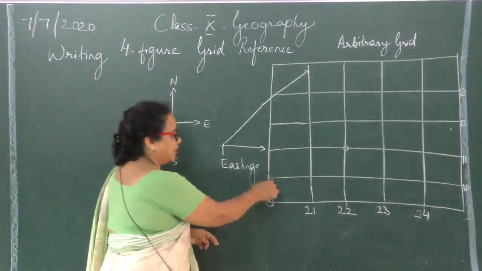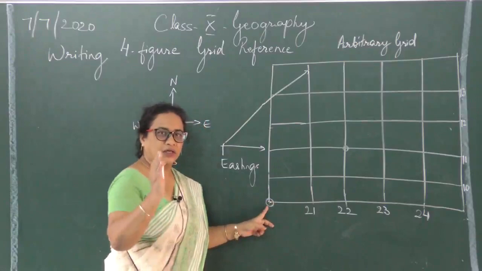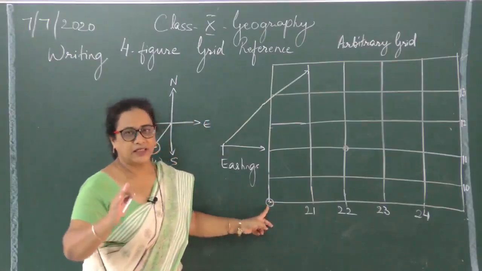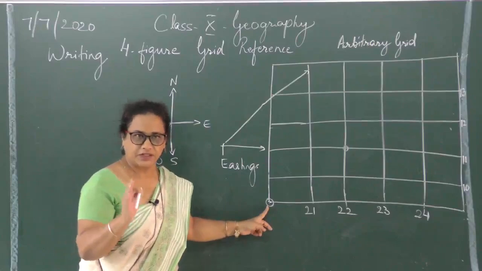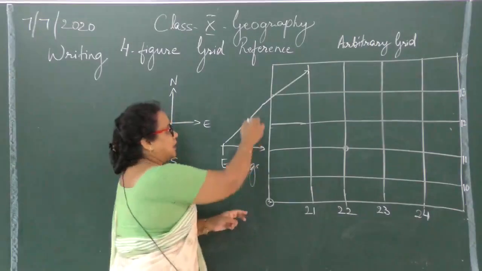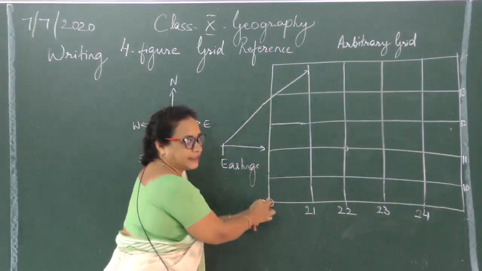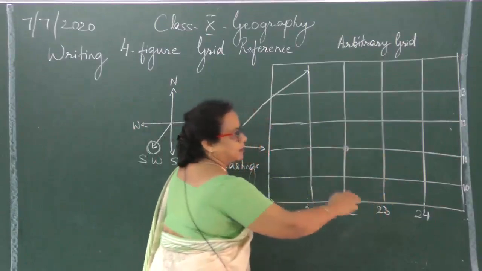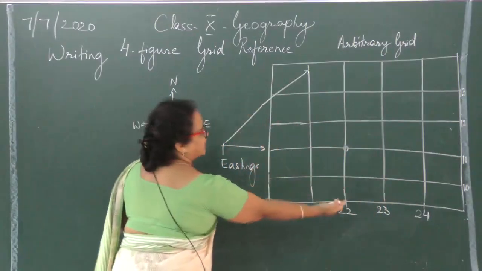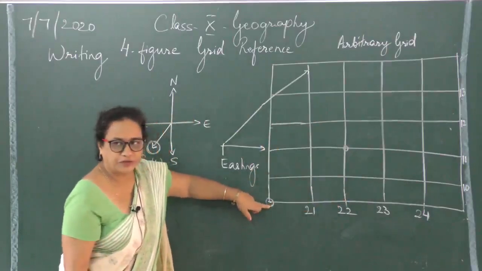Now, leaving the starting line, the starting coordinate, you all study or do practical work with the x-axis and y-axis in mathematics, in physics also. Similarly, this particular starting coordinate, the first vertical line, leaving that, all other vertical lines are located on the eastern side of the point of origin.